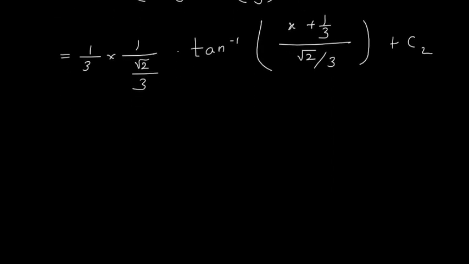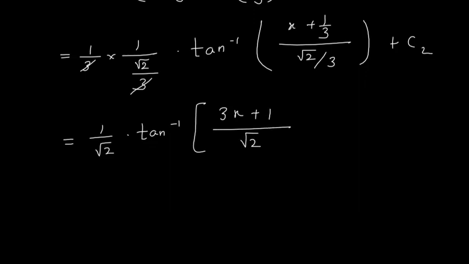Now this 3 and this 3 cancel. So I have 1 upon root 2 into tan inverse. Here we will simplify it: 3x plus 1, and in the denominator we get root 2. This 3 in the denominator will cancel out, plus I have c2. So therefore finally I will write I is equal to the value of I1.